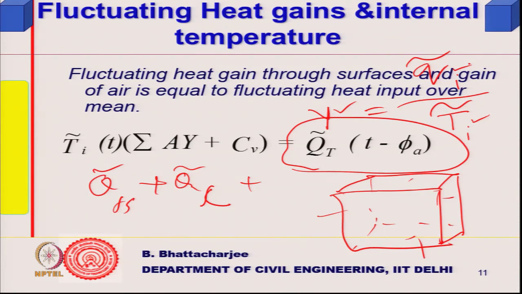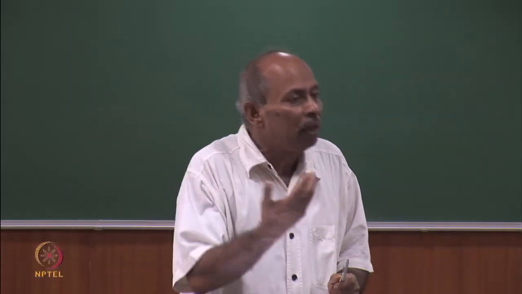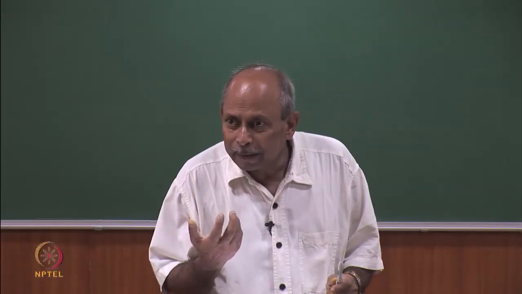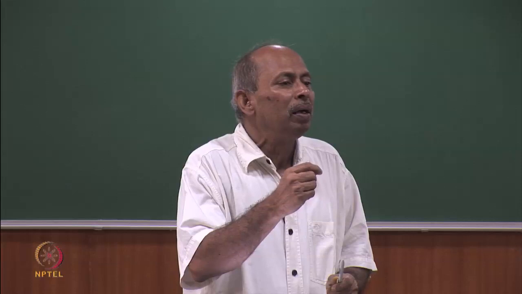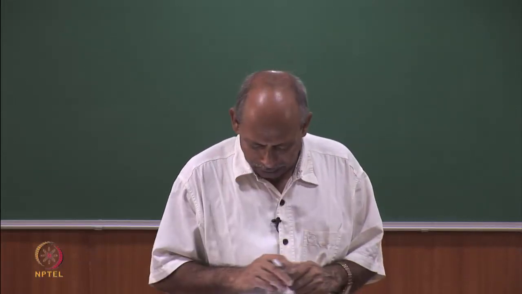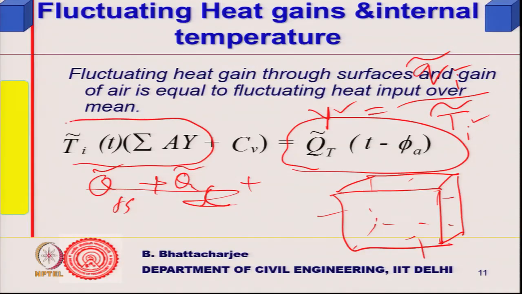One more assumption here: it is not only conduction, all the heat coming in through various mechanisms and different surfaces contributes to the fluctuating temperature gain. So TI times Y must equal the fluctuating component of the heat gain.